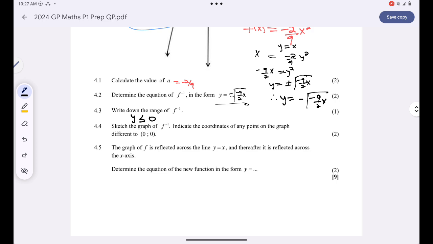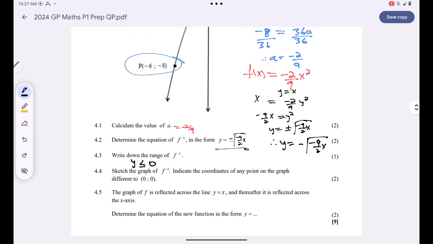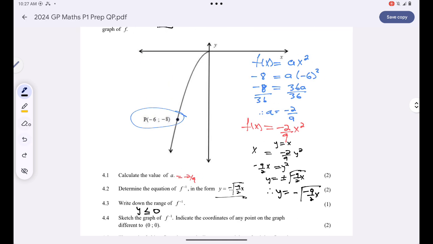Together. And then we are being asked now to sketch the equation of the inverse and indicate the coordinates of any point on the graph different to the origin. Okay, our inverse, guys, will simply be drawn like, let me use a different color, will simply be drawn like this.